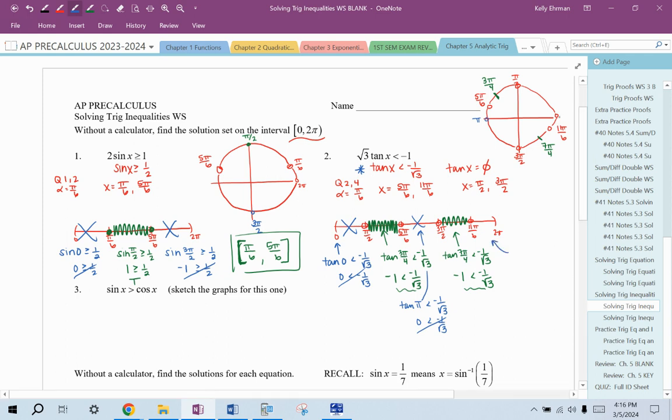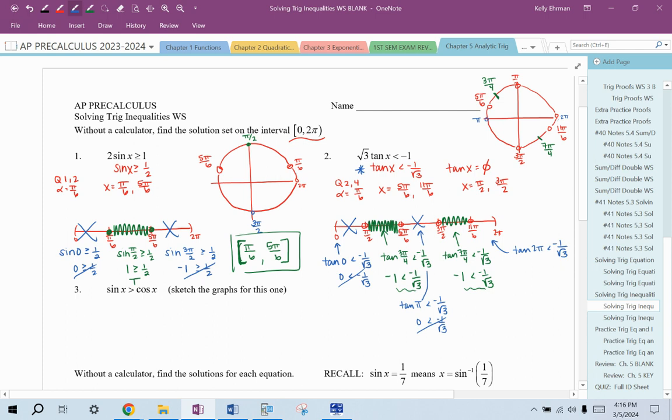Something between 11 pi over 6 and 2 pi, I would just go with the 2 pi there. You don't want to have to start doing over 12 if you can avoid it. So tangent of 2 pi, is that less than negative 1 over radical 3? The only time you can't plug in 0 and 2 pi is if you're getting undefined. You would need to pick something else or start thinking about signs and stuff.